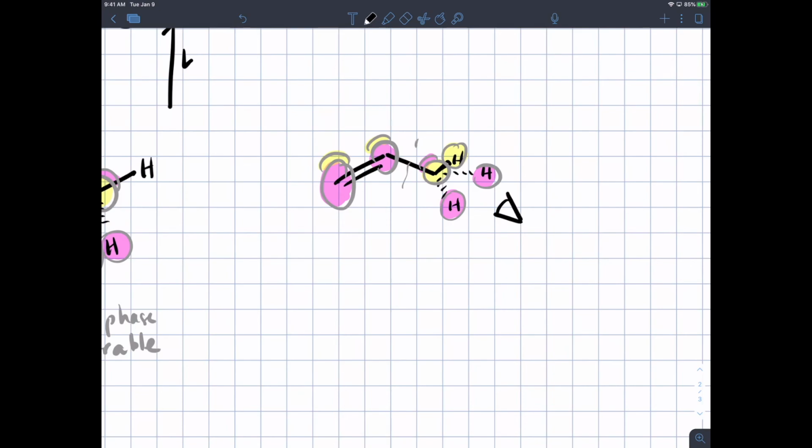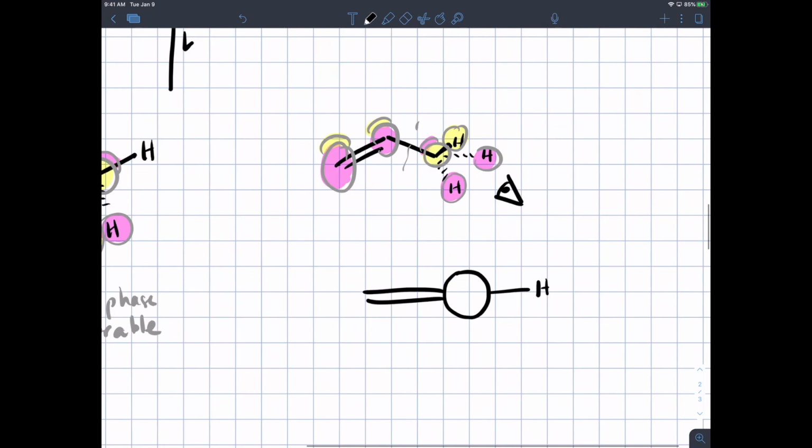Let's see whether that works from a Newman projection point of view. Here's the double bond. Proton straight up. I don't know. That's a good question.